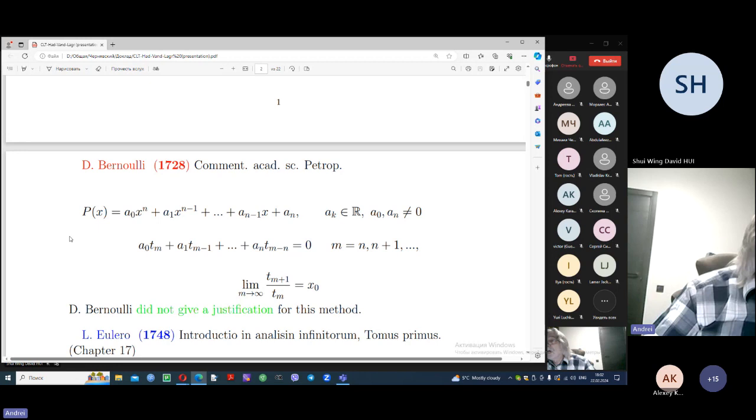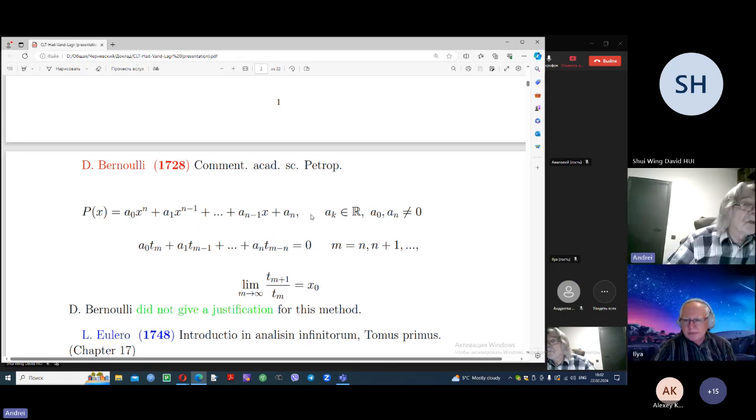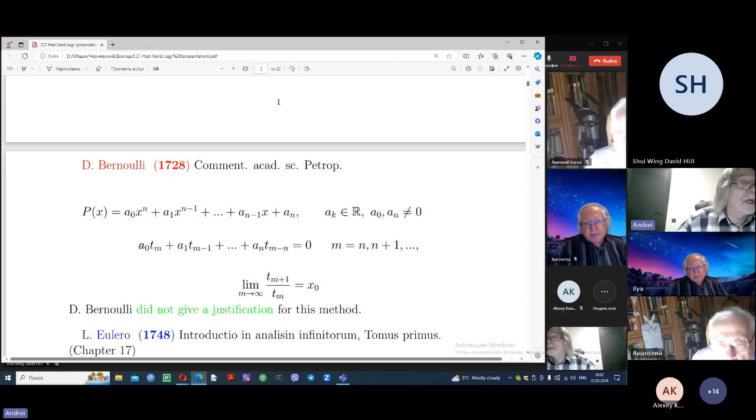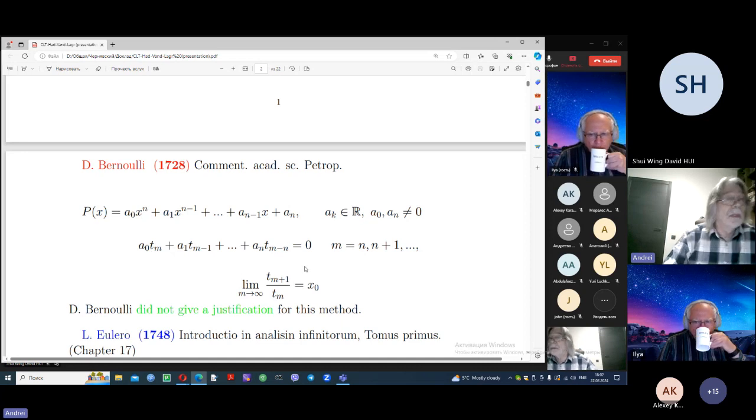Once we have a polynomial with real coefficients, then we can consider along with this polynomial the difference equation with the same coefficients. And once T_{m-n}, ..., T_{m-1} are set, then you can calculate T_m and so on.